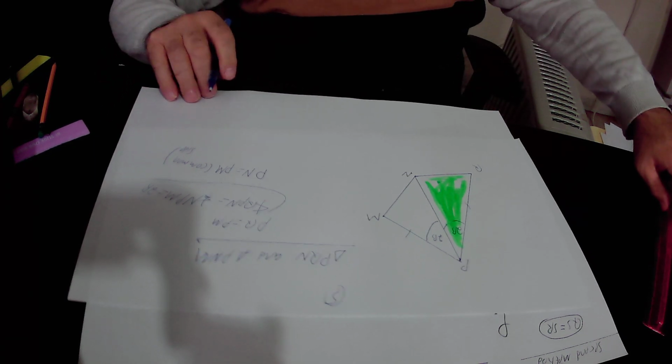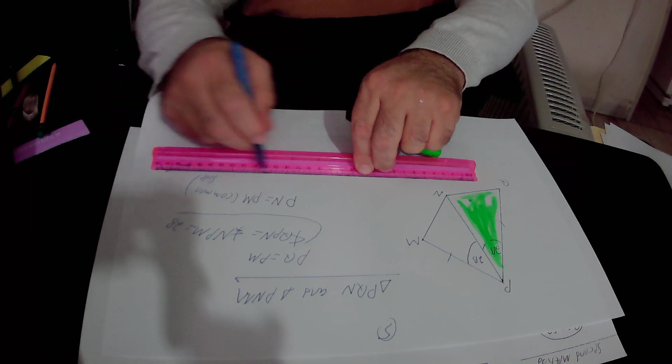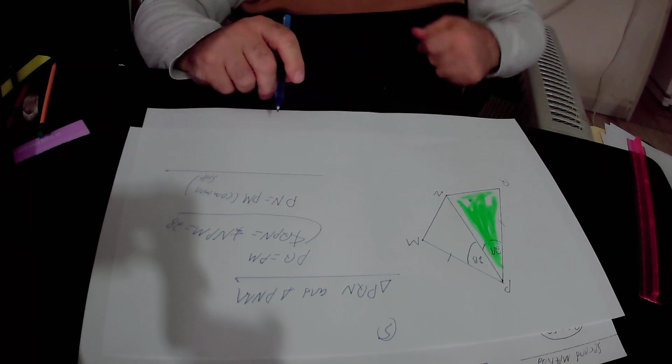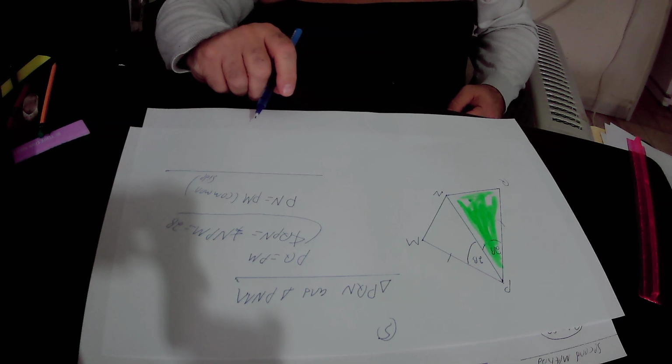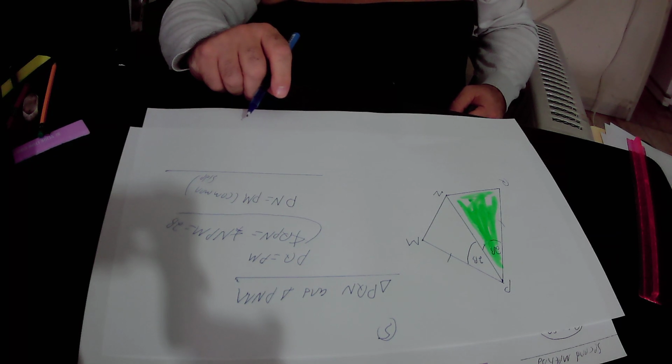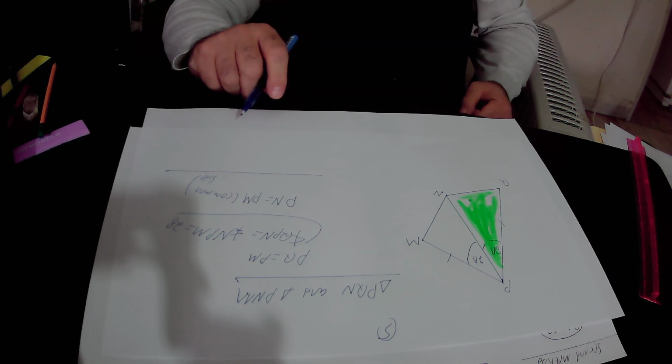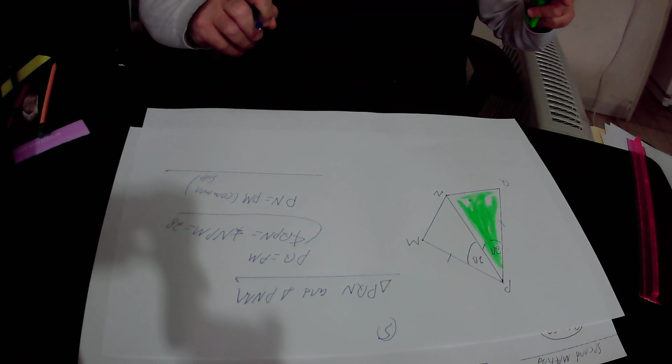So we actually proved that the green triangle PQN is congruent to the white triangle PNM according to the side angle side rule. So what is the side angle side rule? The side angle side rule is that if you prove that two sides and the angle between those two sides in one triangle are congruent to two sides and the angle between them in another triangle, then you proved that those two triangles are congruent to each other.